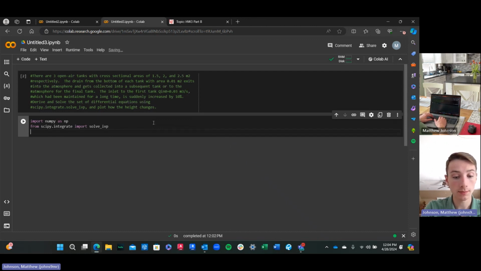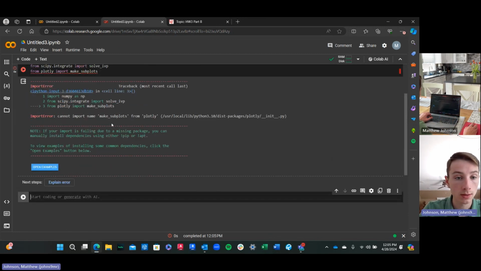And I believe, yeah, we're going to make a plot of this at the end. So let's do from plotly import make_subplots. Let's see if that works.